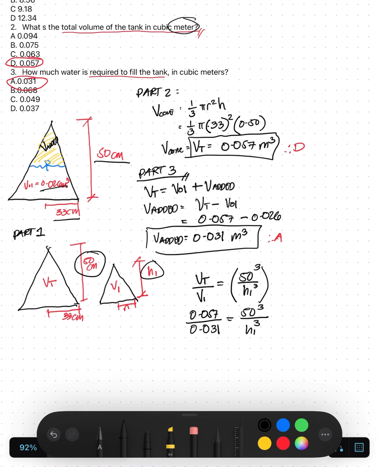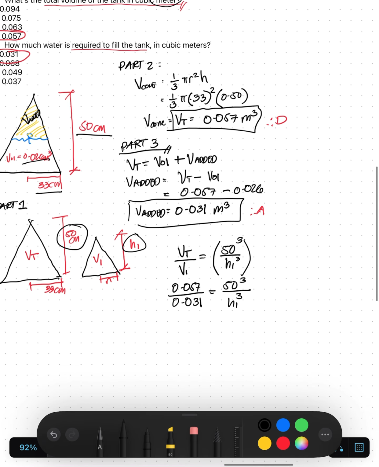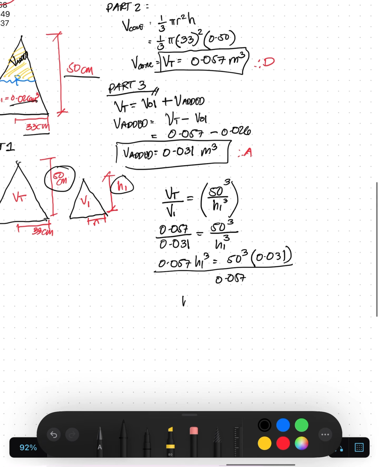For us to get the value of h1, cross multiply: 0.057 h1 cubed is equal to 50 cubed times 0.031. Divide all sides by 0.057. We can say h1 cubed is equal to 50 cubed times 0.031 over 0.057.